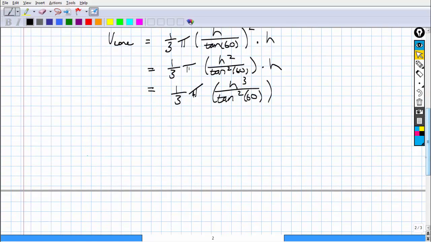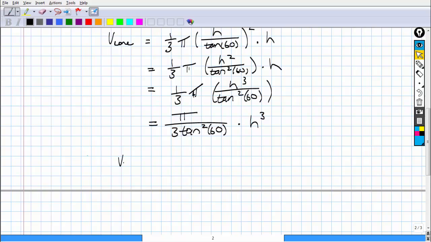Now I'm going to simplify that one step further, and take out all the numbers and just leave the variable h. So we get pi over 3 tan squared 60 multiplied by h cubed.